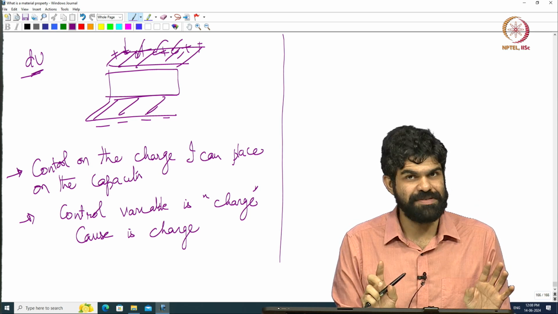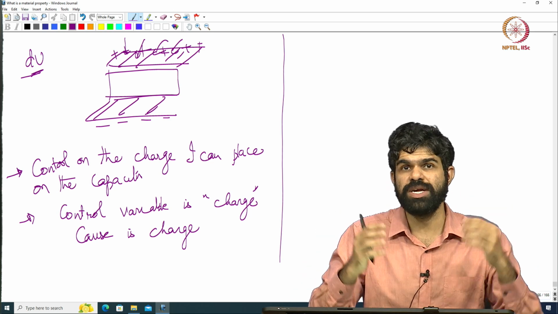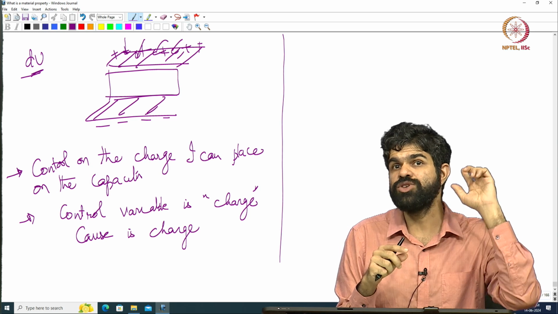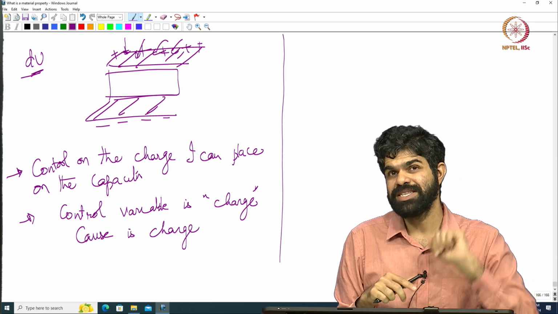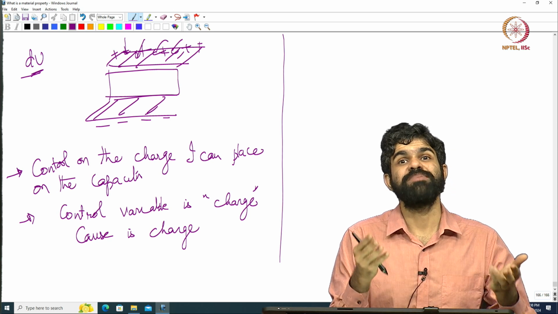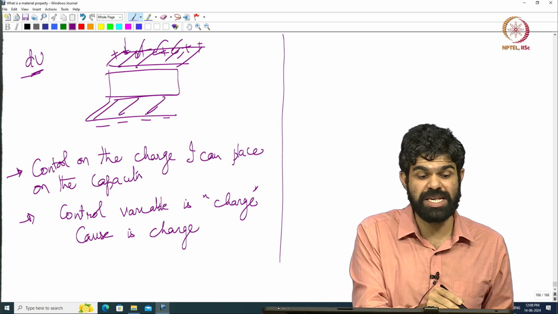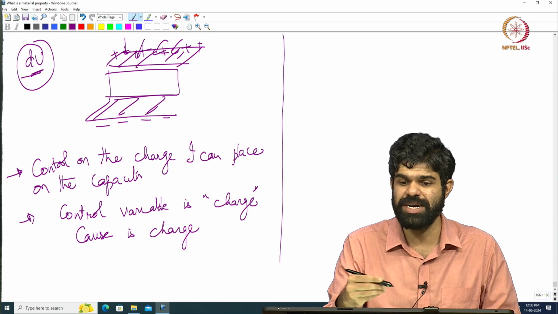Since these are tensorial quantities, the correct way is this: if you are applying current and measuring voltage, you are measuring resistance; if you are applying voltage and measuring current, you are measuring conductance. Similarly here, I am applying charge and measuring voltage. That is the experiment to change the internal energy of my capacitor or dielectric material.